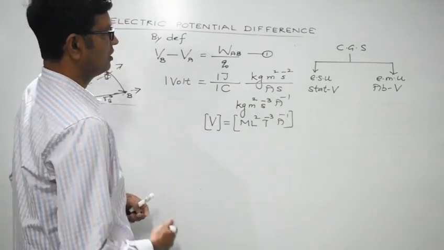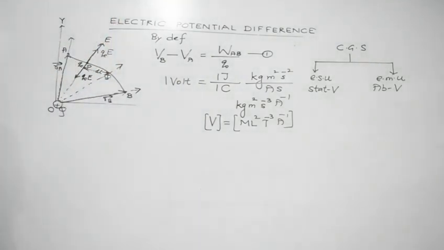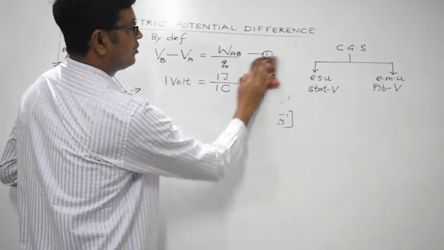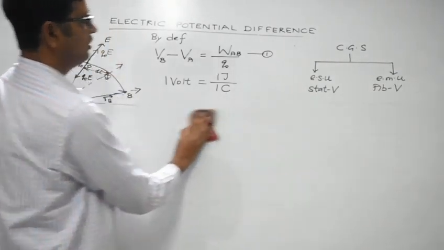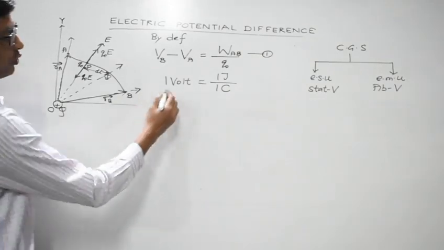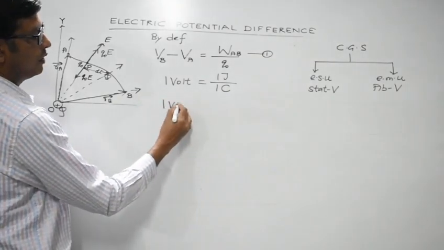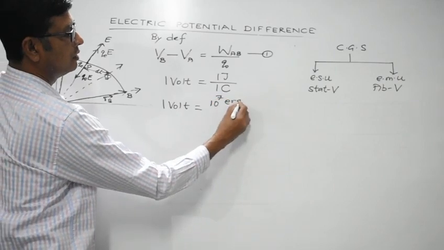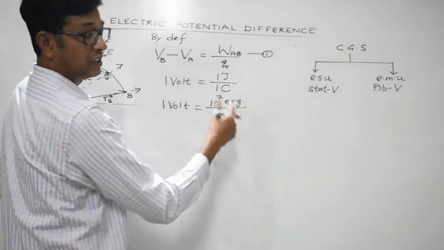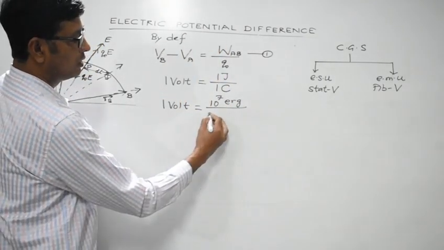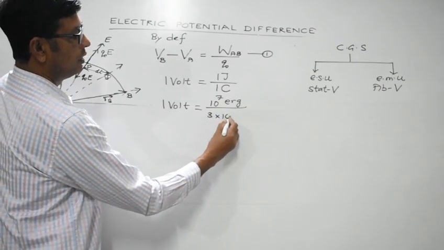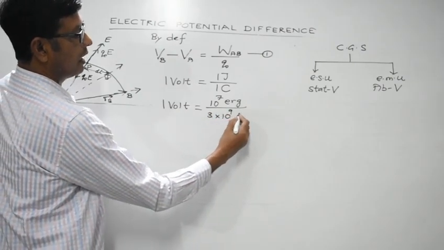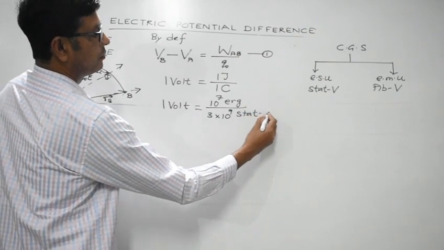So we can easily find the relationship between stat volt and volt. How to proceed is, we will change this SI system into CGS system. So for that, 1 volt is equal to 1 joule, which is 10 to the 7 erg. 1 coulomb, I've stated in the earlier section, is 3 into 10 to the power 9 stat coulomb.